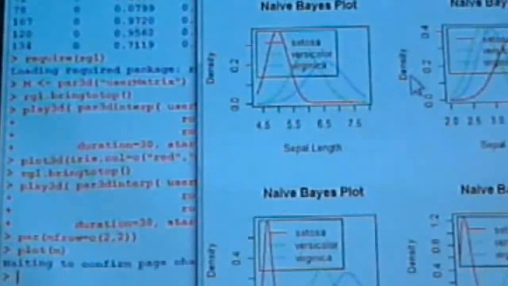With this plot command, it asks you to confirm the page change. If you see that, just move your cursor within the window and click on it. That's all. And they have this naive Bayes plot of the density.